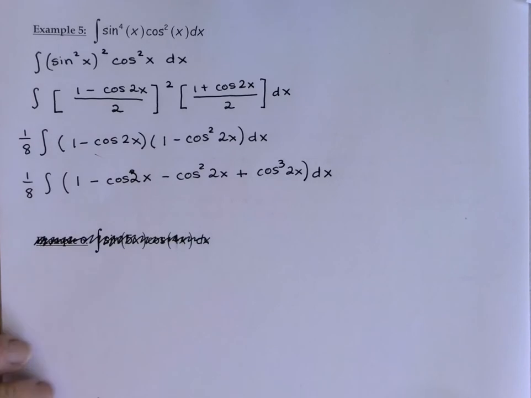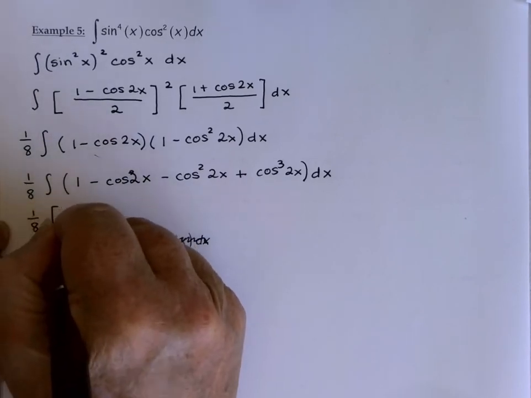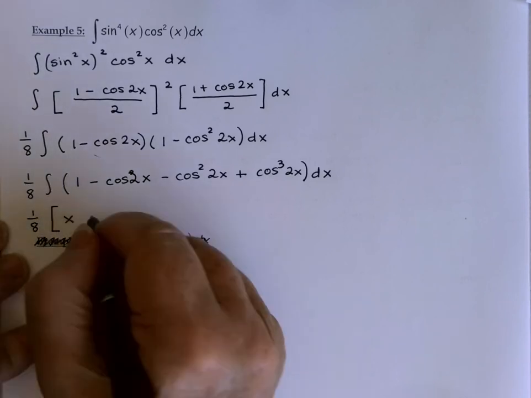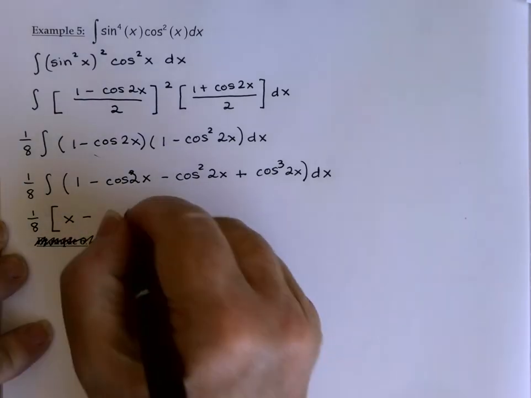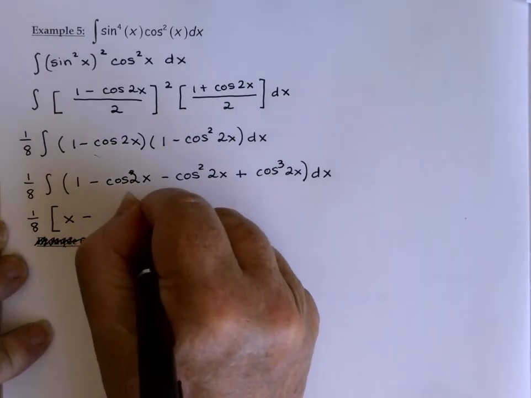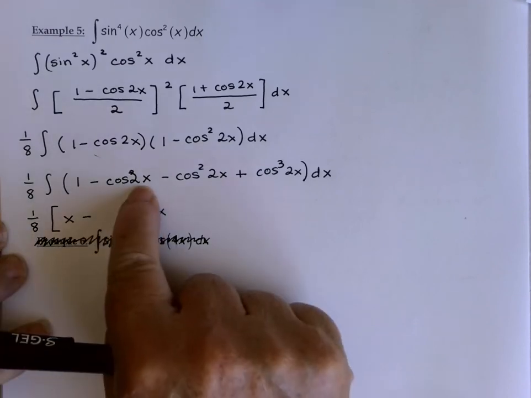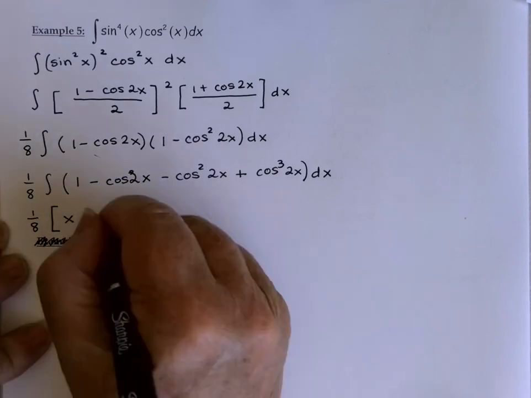I can deal with those. So let's do those first two. I have 1/8 times. Integral of 1 is just going to become x minus the integral of cosine 2x is sine 2x. And this is one of those little u substitutions, right? If u was equal to 2x, then the derivative would be 2. And when I bring it to the other side, it's going to put a 1/2 on here.